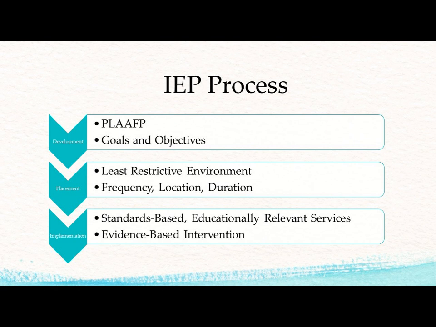IEP goals and objectives are developed based on grade level expectations from the standards and the gap between present level of performance and grade level standards. Review 360 for SLPs lists goals and objectives that are either tied to grade level standards or age level expectations for functional skills not represented in the standards.